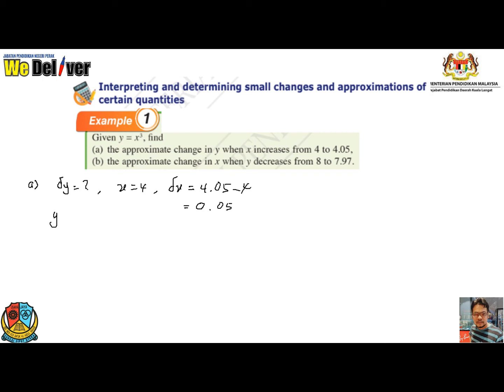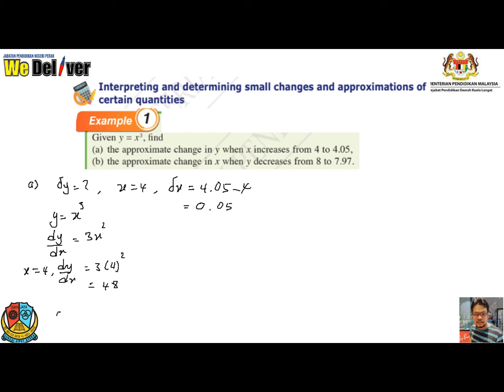Okay, the next step, to find delta y, we need to find dy over dx. The function given is y equals x cubed. So dy over dx equals 3x squared. When x equals 4, dy over dx equals 3 times 4 squared, so you get 48.